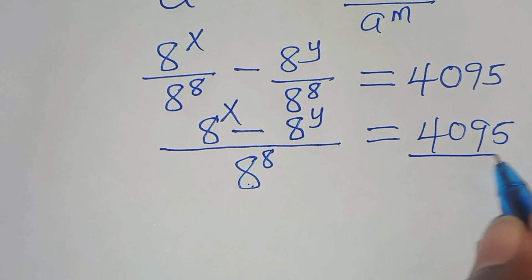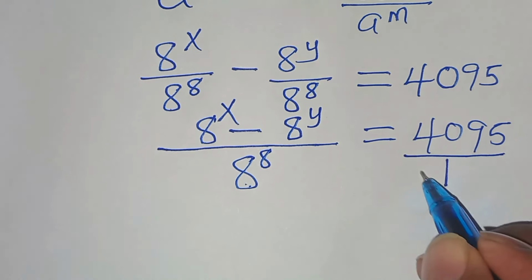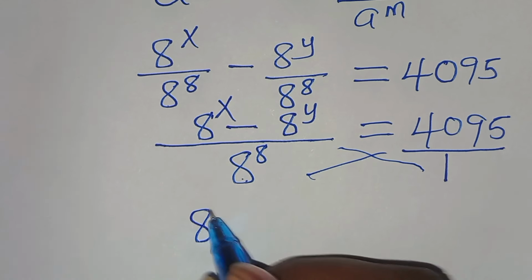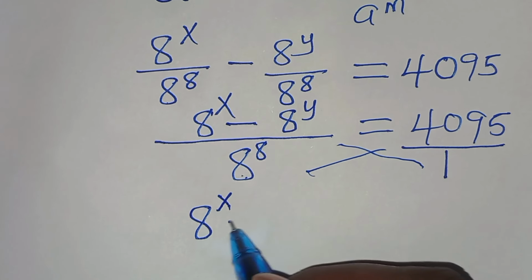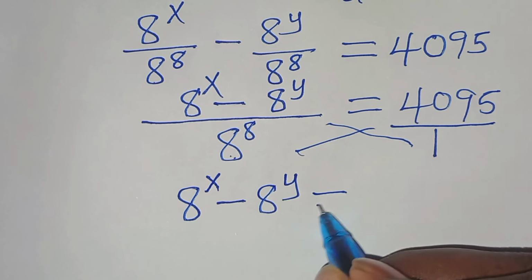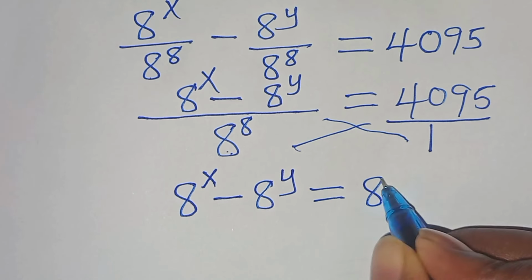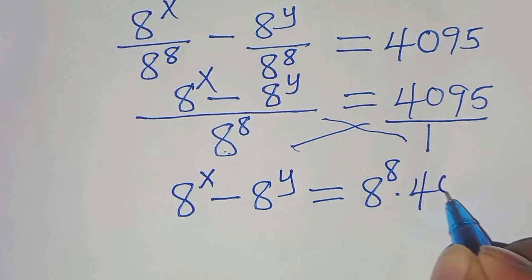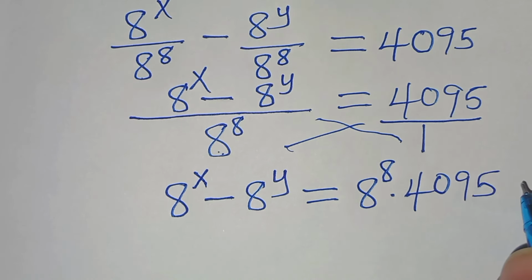Since 4095 is our number here, let's cross multiply so that now we have 8 to the power of x minus 8 to the power of y equal to 8 to the power of 8 multiplied by 4095.